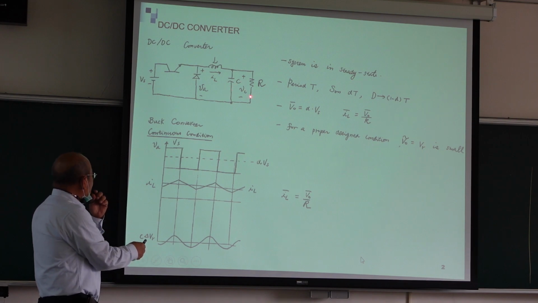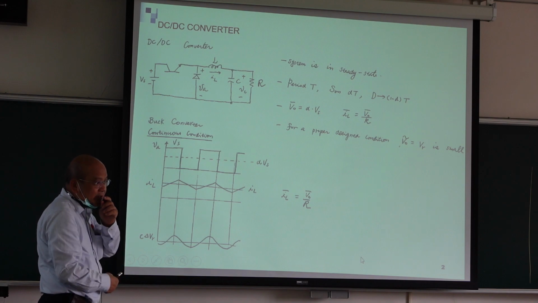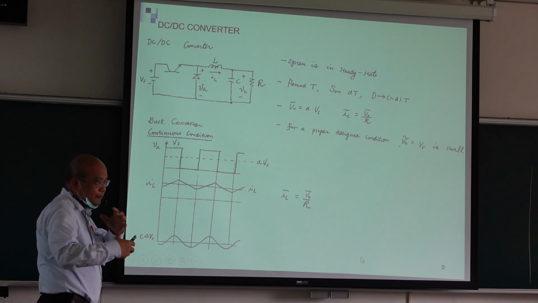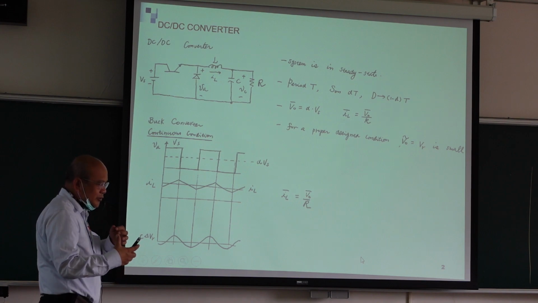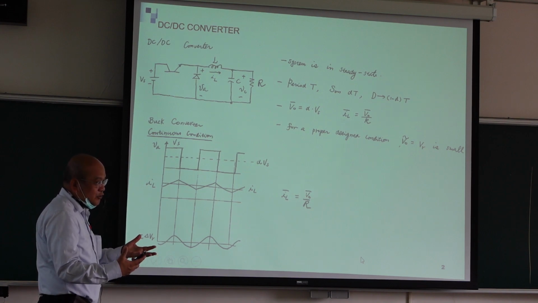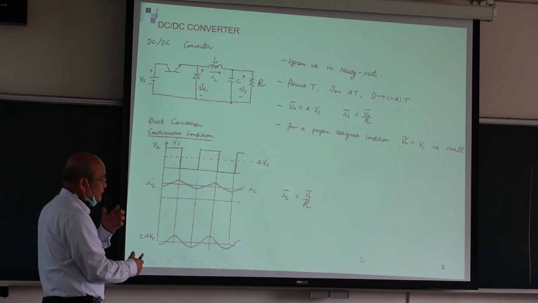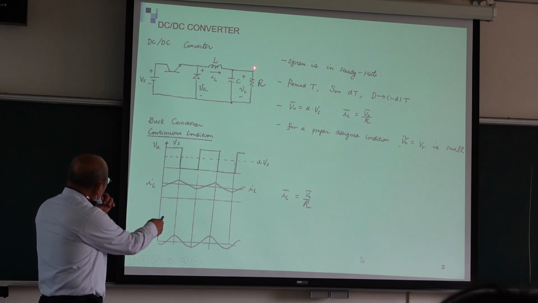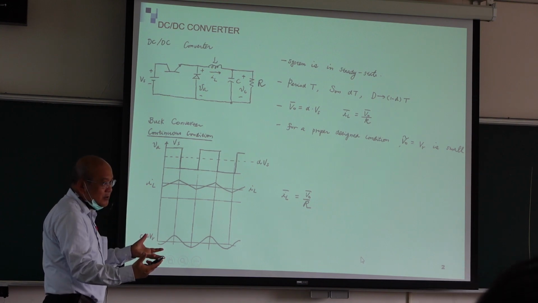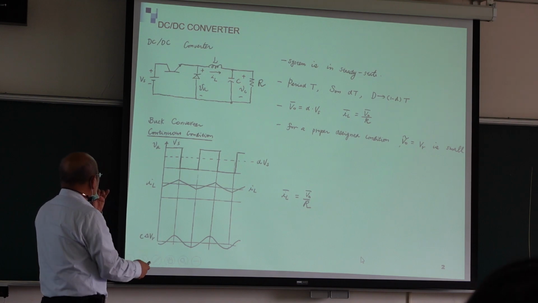If you need a small ripple, what can you do? You increase the capacitor. But if you increase the capacitor, what is the disadvantage? You increase your cost. You increase your size. So it is a kind of trade-off. If you reduce your capacitor, then your ripple becomes higher. So you have to learn how to calculate the capacitor.